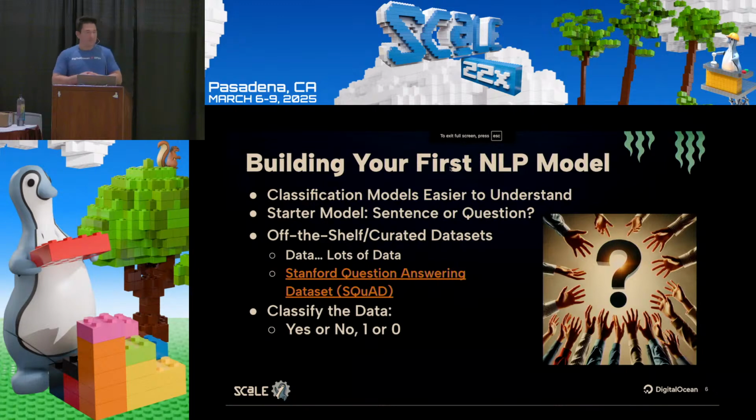So if we have this data set and we are trying to classify whether a sentence is a question or not, we can break it down and put the sentences into two categories. I can show you when we get to the demo. Grab all of the sentences, whether it's a question or an answer, and put them in one column.